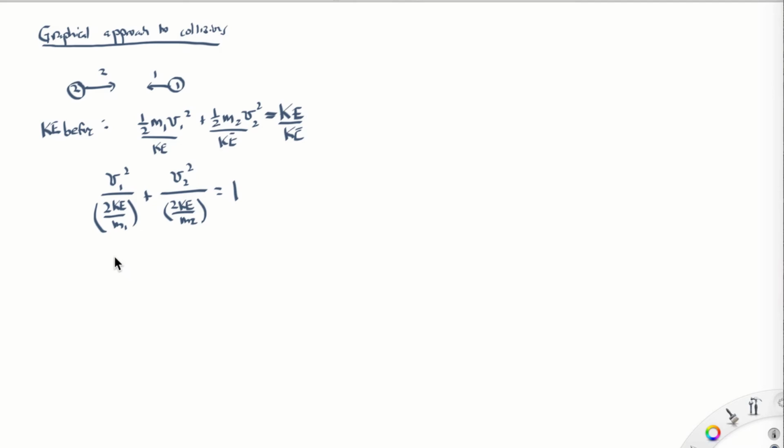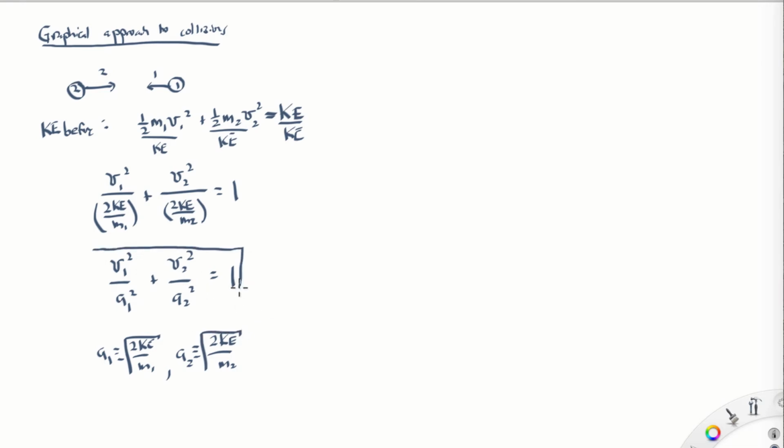Then in a suggestive way I'll write this as v1 squared over a1 squared plus v2 squared over a2 squared equals 1, where a1 is the square root of 2 times the kinetic energy over mass 1, and a2 I've defined as the square root of 2 times the kinetic energy divided by mass 2.